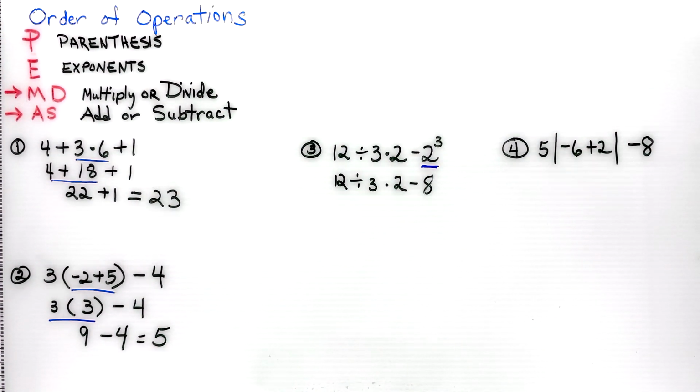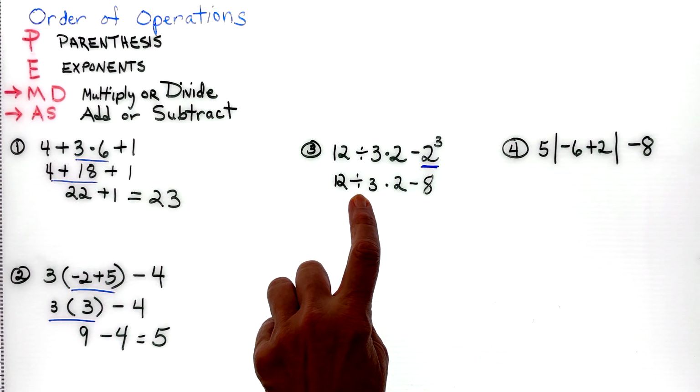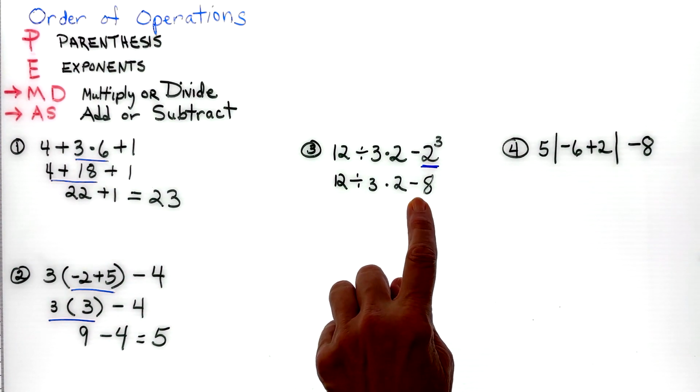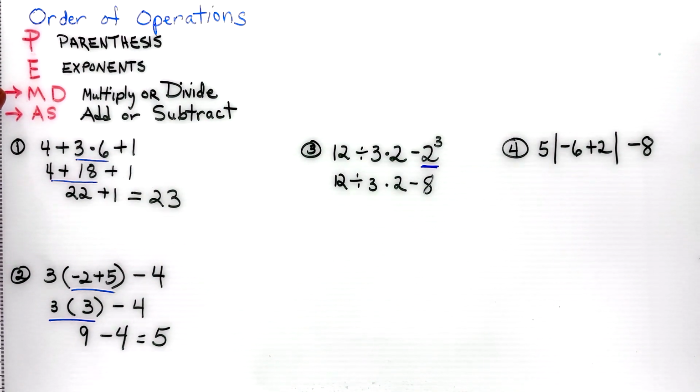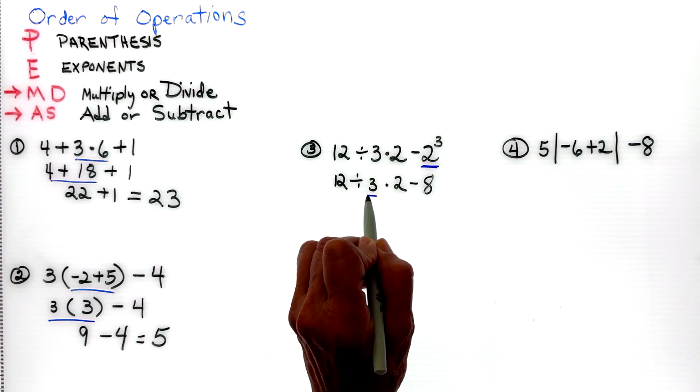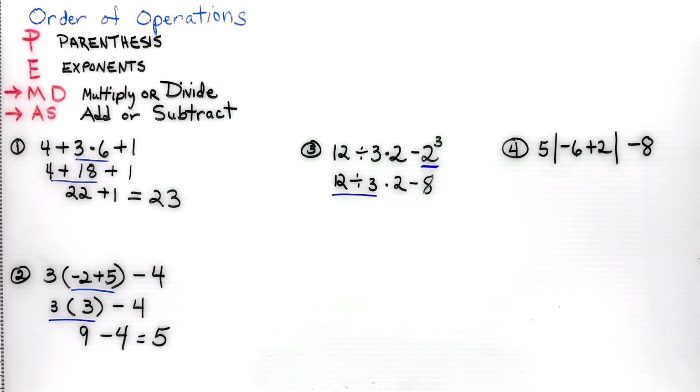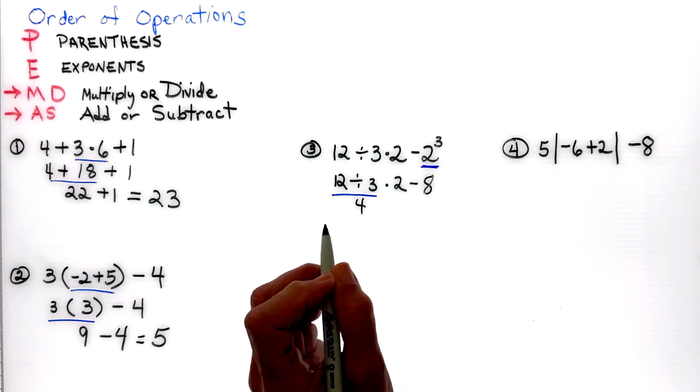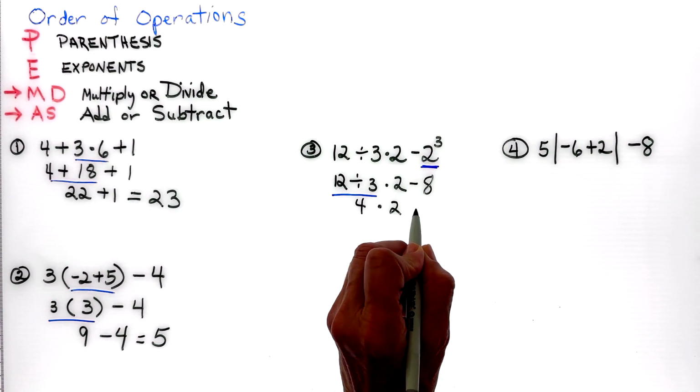And so now my expression has a division sign, a multiplication sign, and a subtraction sign. So going to my listing, I see from left to right, whatever comes first. So I know I will divide first. So 12 divided by 3 is 4, and we're going to copy the rest.